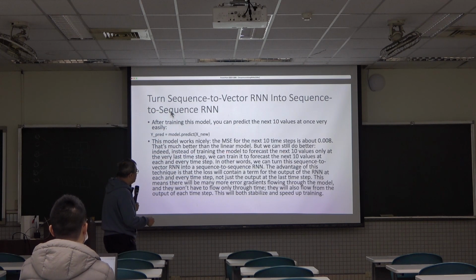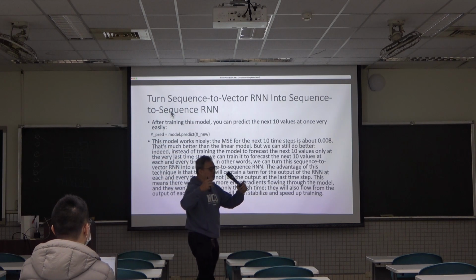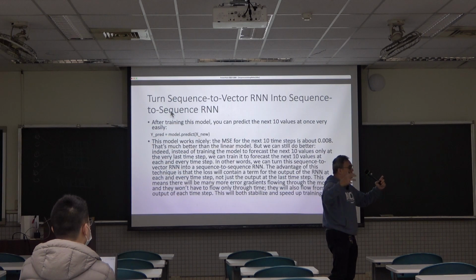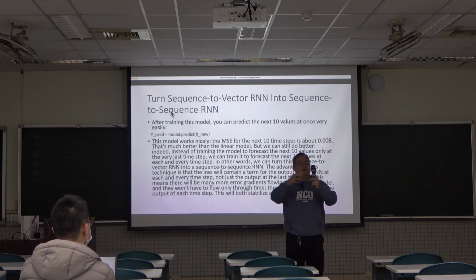Instead of training the model to forecast the next 10 values only at the very last time step, in the sequence to sequence model we train it to forecast the next 10 values at each and every time step. So it's going to be something like that. You get the first 10 values and use that to predict the next 10 values.